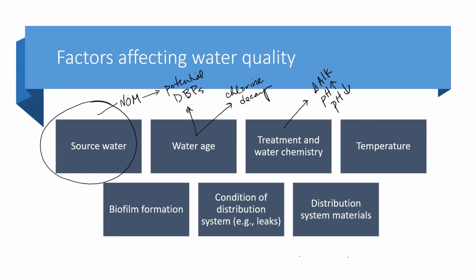We can have either pH increases, we can have pH decreases, depending on the treatment that is used. Temperature plays an important role. As temperature increases, microbial growth increases, and we can have the production of biofilms. Those biofilms can harbor various different organisms, including pathogenic organisms like Legionella, and that can cause human disease.